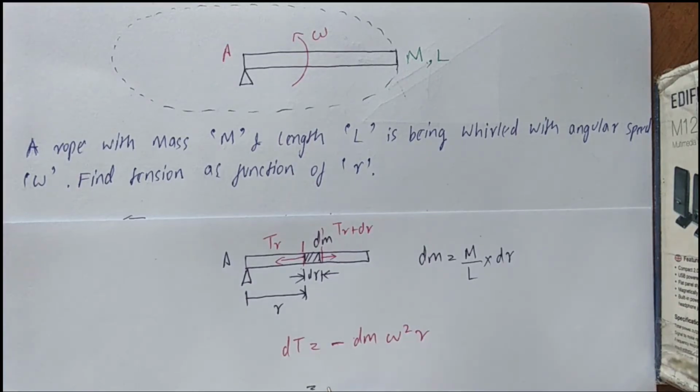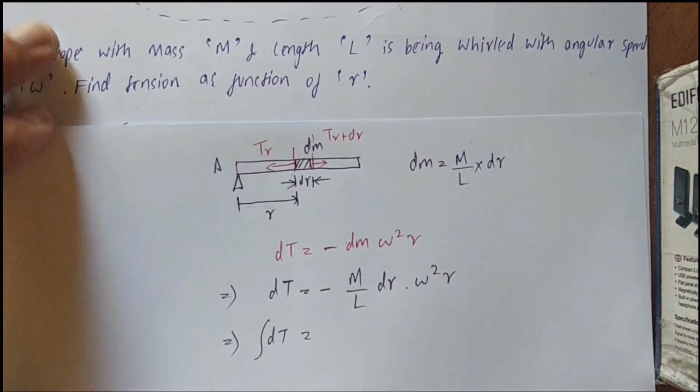Now we can replace the value of dm, that is M by L dr, into omega square r, equal to dT. Now we'll integrate this equation.